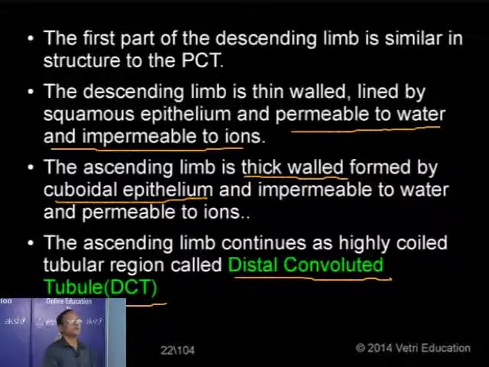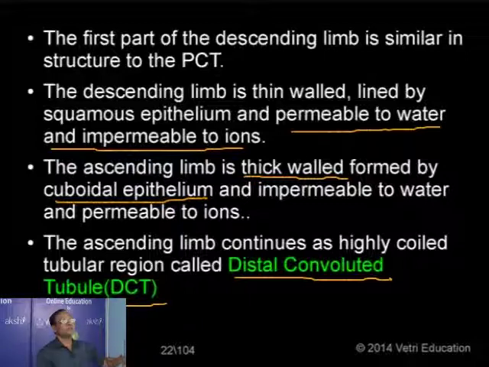The filtrate is normally decreased in dilution and increased in concentration. That is because of the blood vessels surrounding it, the peritubular capillaries. We have one structure of these capillaries named vasa recta, which will come later in the week.